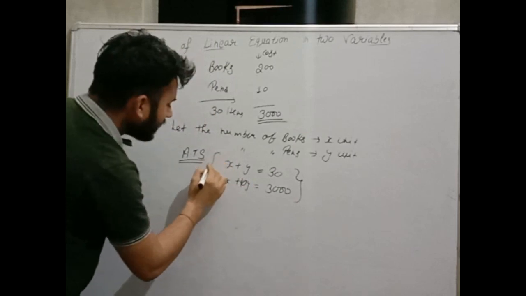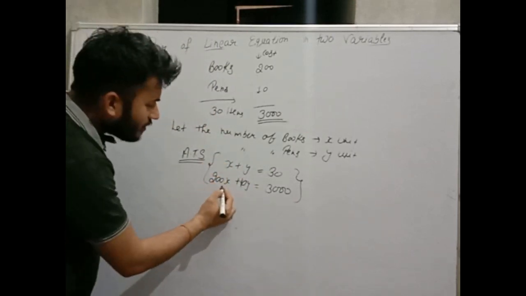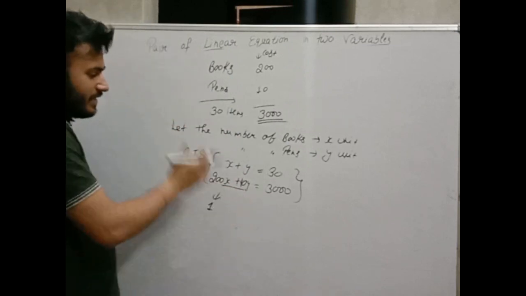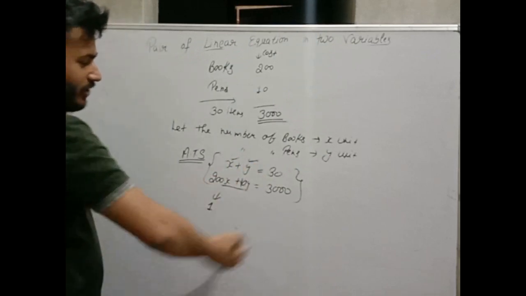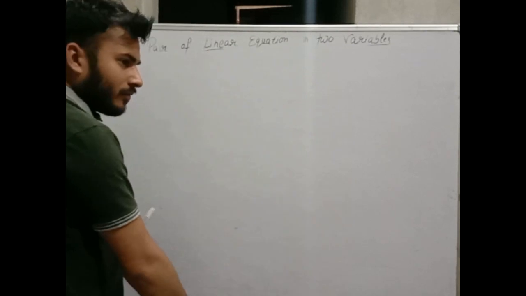So these are the equations, these are linear equations, because the order is 1 in two variables x and y. A pair of linear equations means we have two equations.